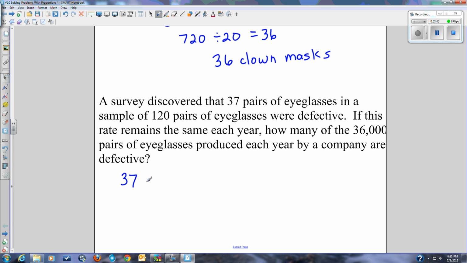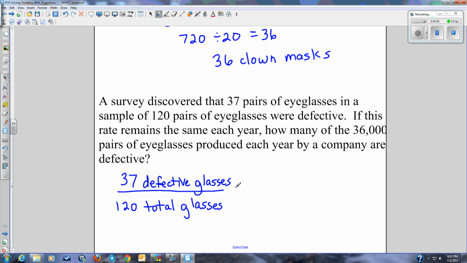So we have 37 defective glasses out of 120 pairs, total glasses. We're now going to make a proportion.